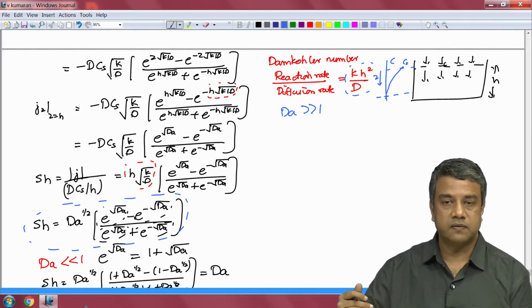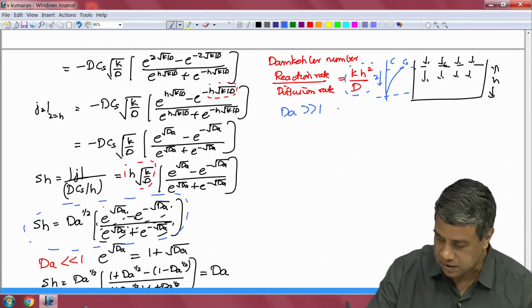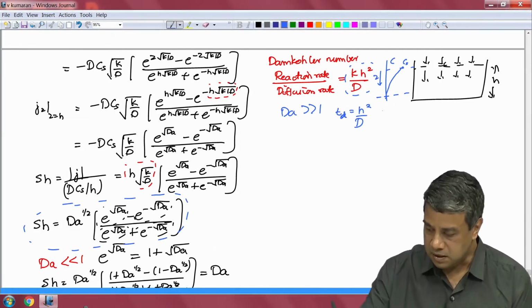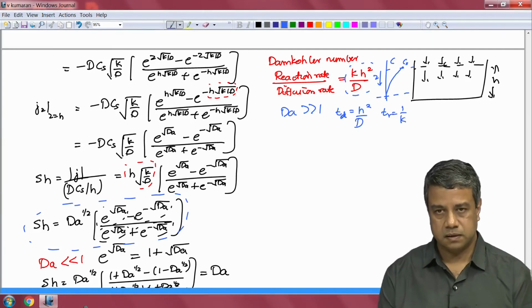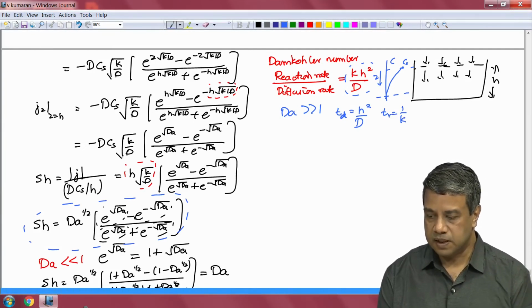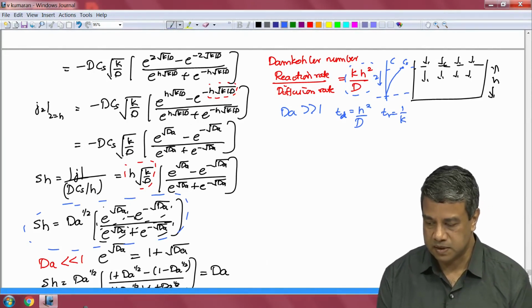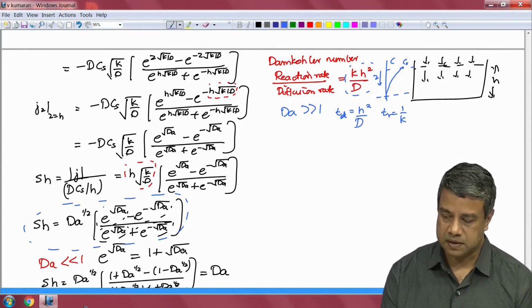The time required for diffusion over a distance h is going to be equal to h square by D, from dimensional analysis. So, that is the diffusion time. The reaction time is equal to 1 by k. So, if the Damköhler number is small, it means that the diffusion time is much smaller than the reaction time.